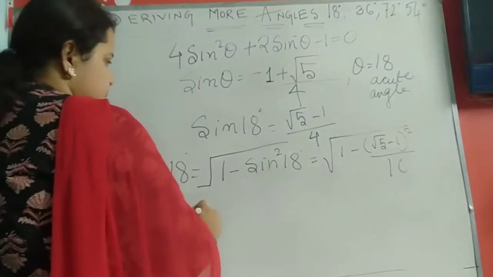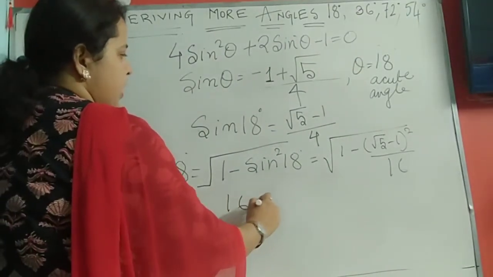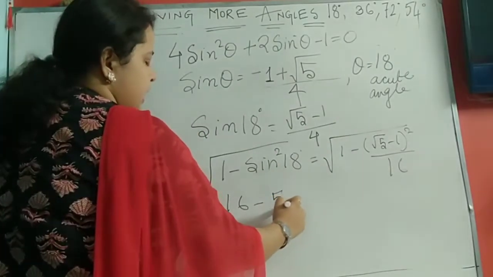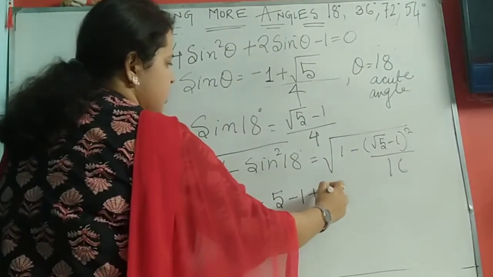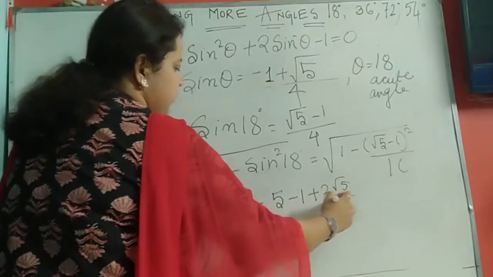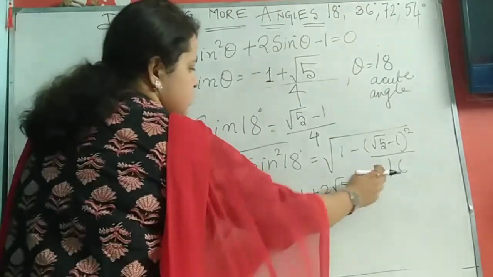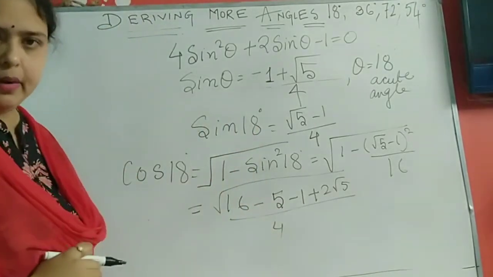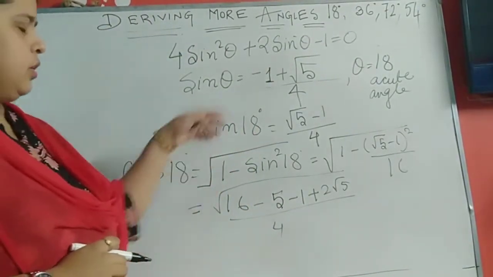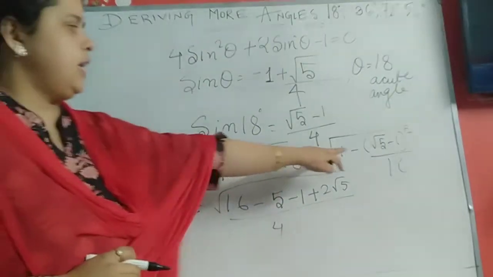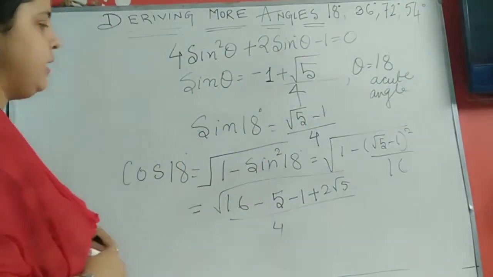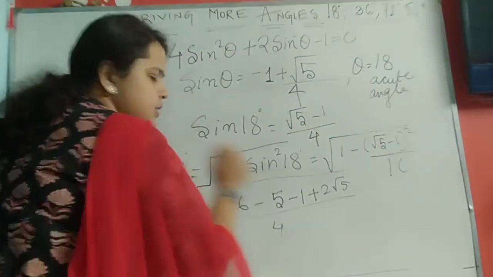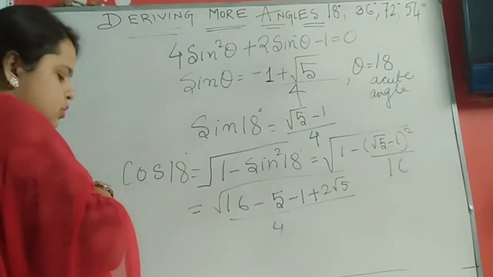Now moving forward in the square root, I'm opening this bracket, so it is going to give you 5 minus 1 plus 2 root 5 by 4. Why 4? Because the square root is over for the denominator, but not yet for the numerator. See, open this bracket, a minus b whole square formula I applied, and here it is. So it's giving what? See, 16 minus 6, so it's 10, no, so 10.